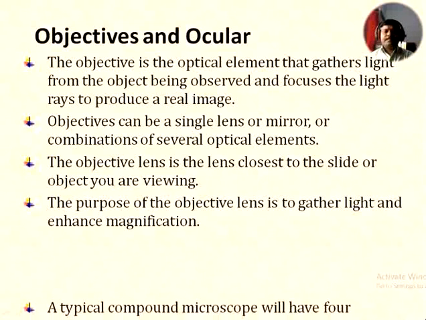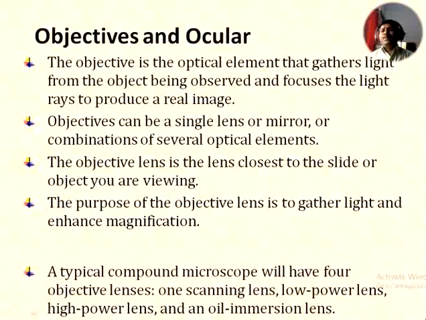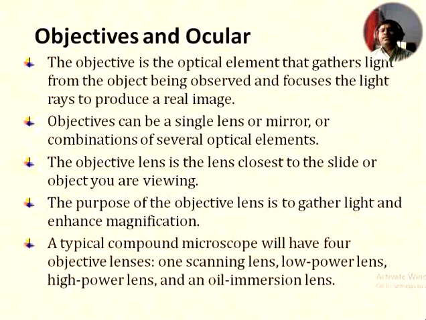Okay, a typical compound microscope will have 4 objective lenses, and these 4 objective lenses are 4x, 10x, 45x and 100x. Is it okay? The 4x is called a scanning lens.